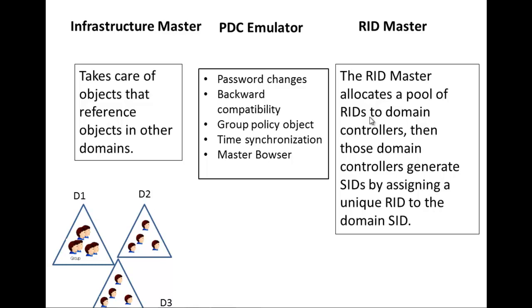But if we only have one domain controller, then all of these roles, the infrastructure master, the PDC emulator, the RID master, the schema master, and the domain naming master, can all sit on a single domain controller. And you will find this especially in a small environment where you only have one domain controller. But if you have several domain controllers, you can spread out these roles to multiple domain controllers.